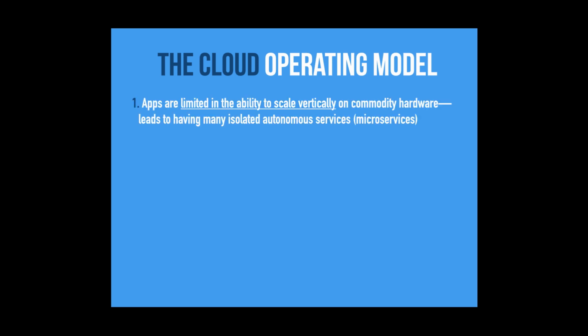So the cloud operating model, as I see it, is that apps are limited in the ability to scale vertically on commodity hardware. And this leads us to distributed systems, to have many isolated autonomous services, what many call microservices.